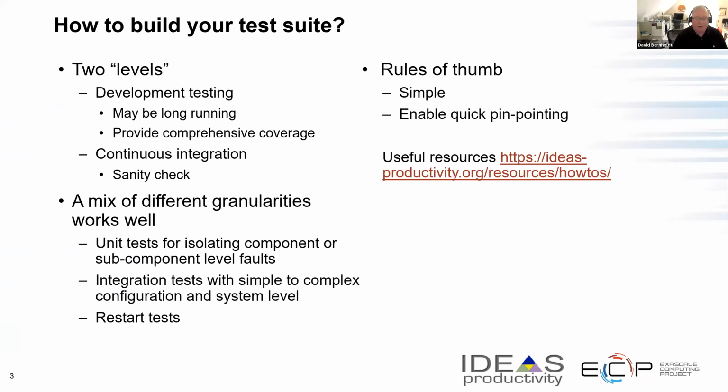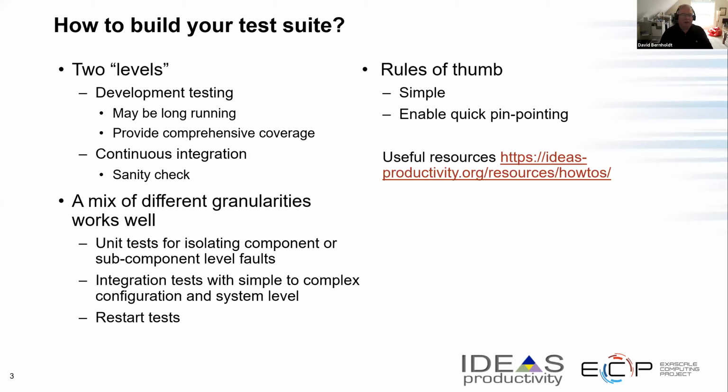Okay, so this will repeat some of the things that Pat talked about, and we're going to try to dive a little bit deeper on a few points. So first of all, how to think about building your test suite. As Pat mentioned, we want to think about development testing and continuous integration testing.